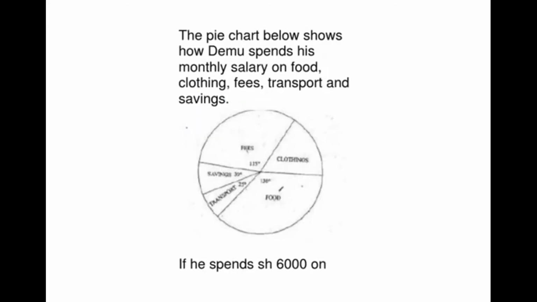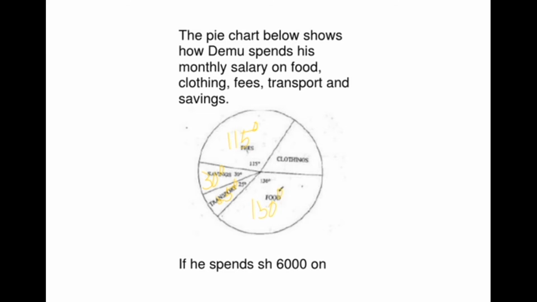So we have fees, we have 115 degrees. Savings we have 30 degrees. Transport is 25 degrees. Food is 130 degrees.